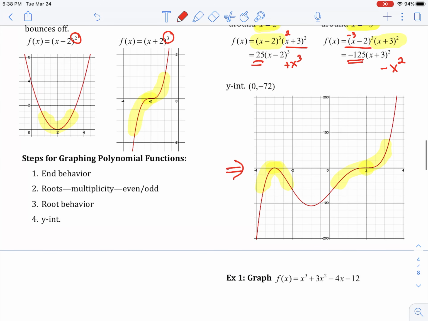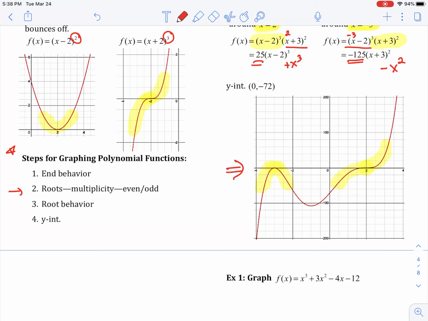Okay. So in terms of steps for graphing our polynomial functions, first thing you want to do is try to figure out what that end behavior is going to be. Are you looking at a positive or negative x squared graph? Are you looking at a positive or negative x cubed graph? Is it going to be an x to an even, or is it going to be an x to the odd? Next thing you should be doing is finding your x-intercepts. What are those roots?